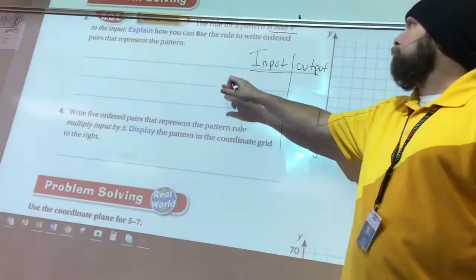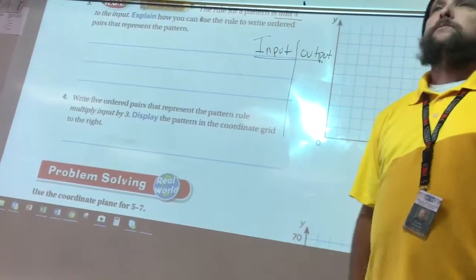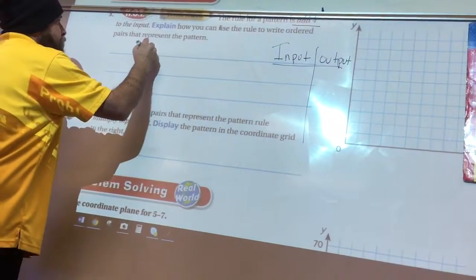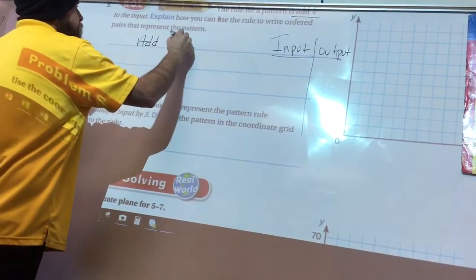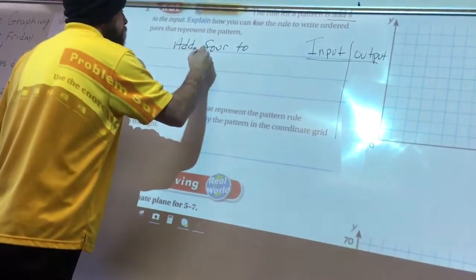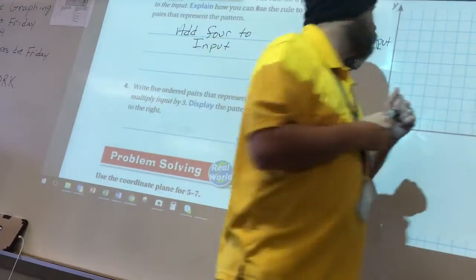So what would I do to get from input to output? What does it say to do? I would add 4 to the input. It's an additive pattern.